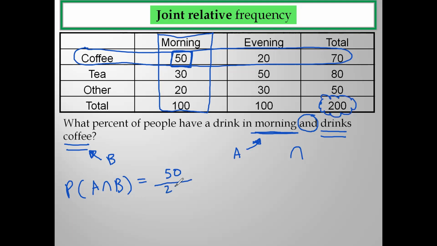In this situation, the total is 200, or 5 over 20, and this would be 1/4, or 25%.